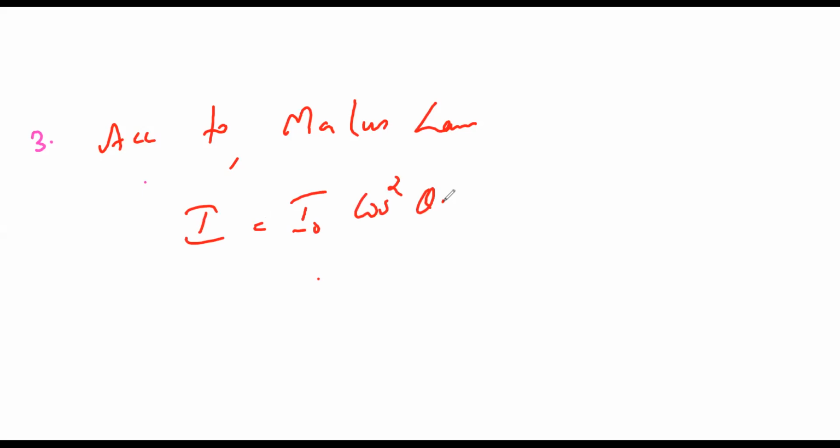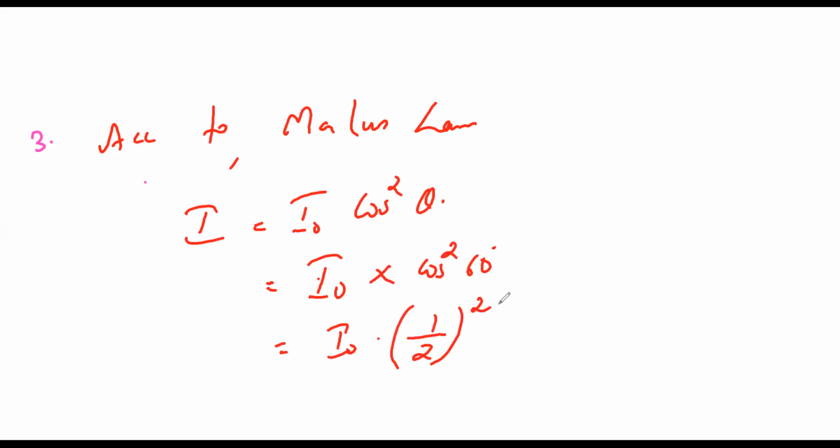Very, very important formula. I naught cos square 60. Cos 60 is 1 by 2, the whole square. So the answer is I naught by 4.